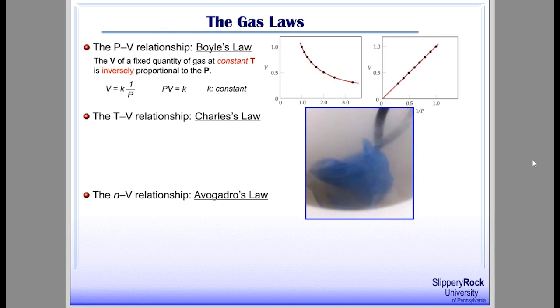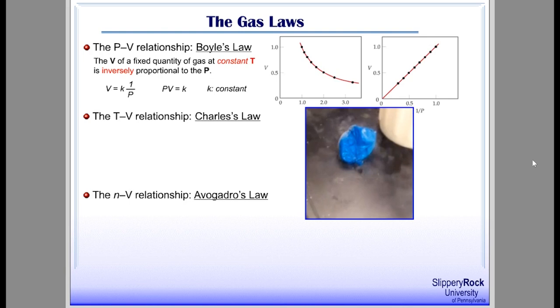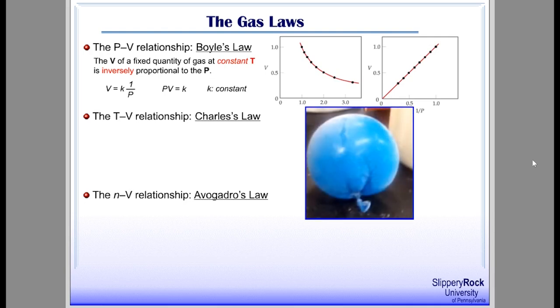When it is taken out of the liquid nitrogen, the temperature of the balloon increases gradually, and its volume also increases gradually. Once the temperature of the balloon increases to room temperature, it recovers its original shape. This demonstrates that the volume of gas is directly proportional to temperature.